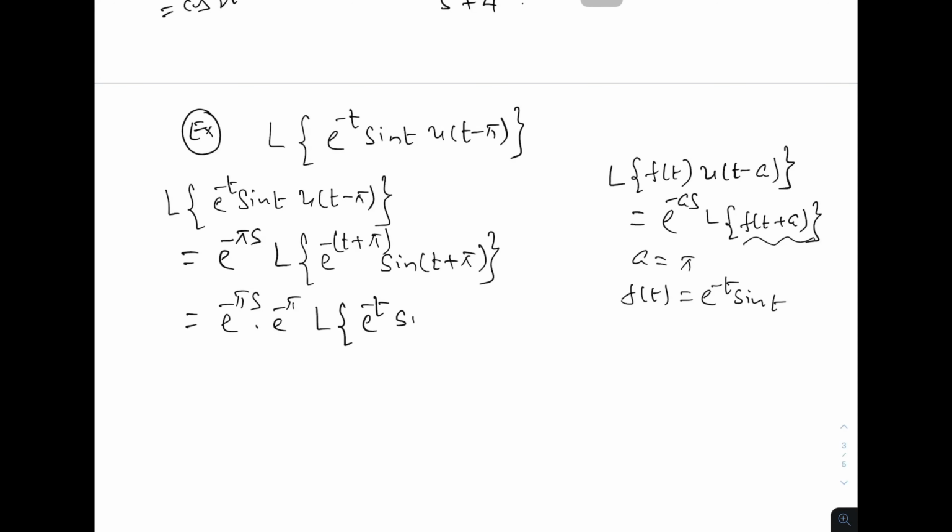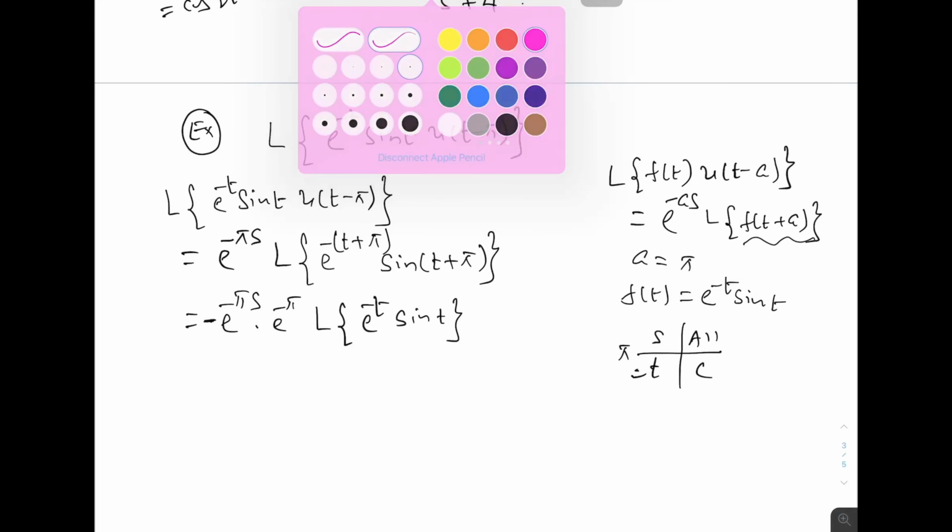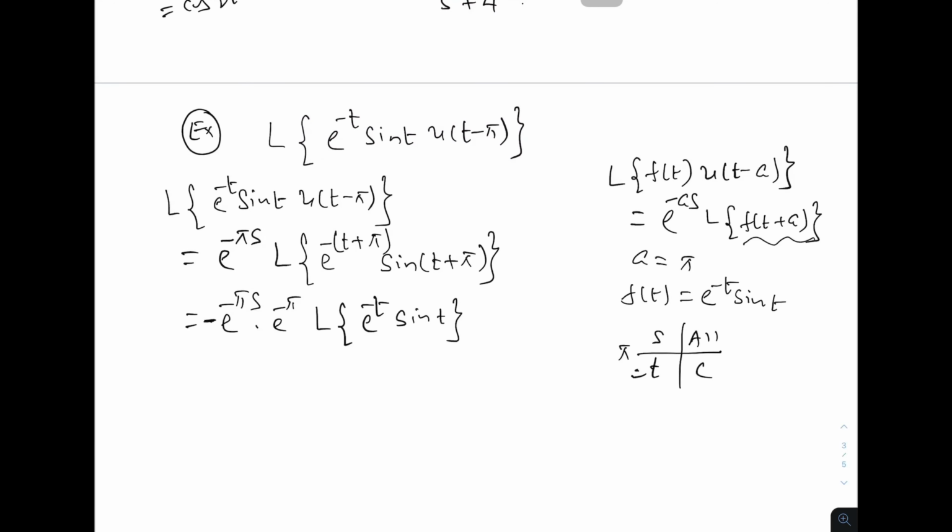Now what is sine of t plus pi? Sine of t plus pi is in the third quadrant, and in the third quadrant sine is negative, so that is nothing but negative. So I write that negative sign here. This negative sign is of this sine of t plus pi.